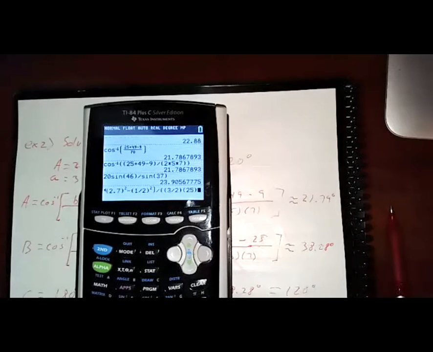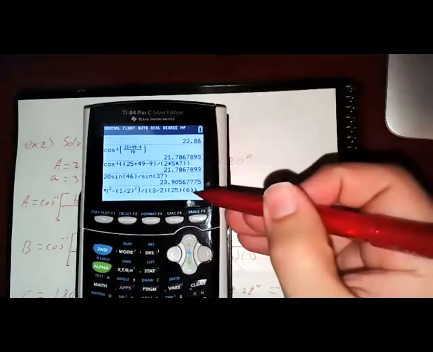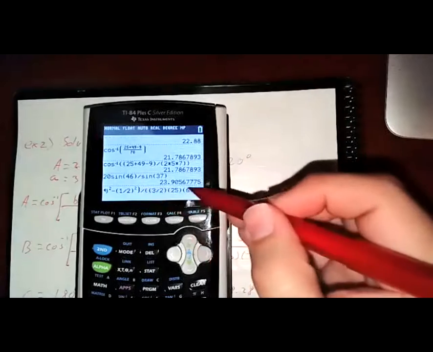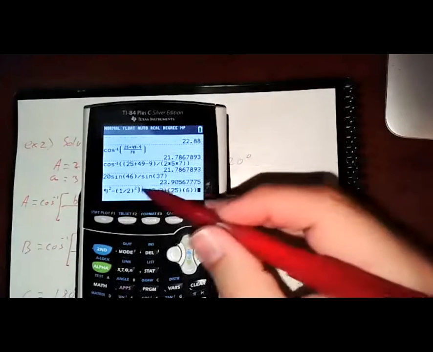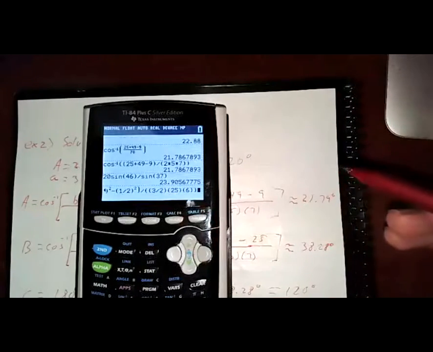You see what I mean? Once you have all those, you close it. So this set of parentheses corresponds to everything in the denominator. Okay, so be very careful.